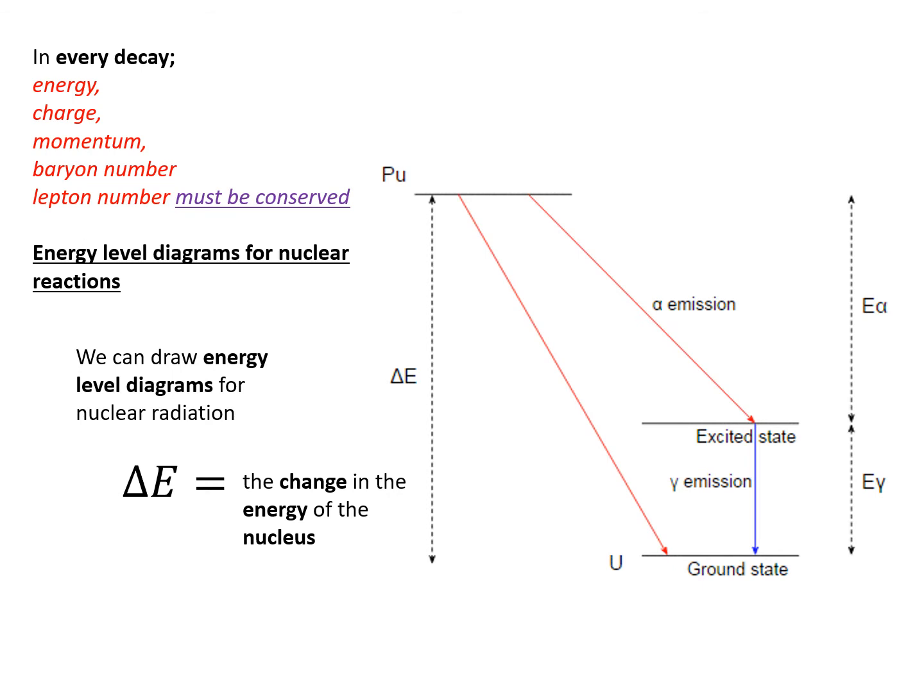So for instance, we can start with lead, and it can decay via alpha emission, so the energy of the nucleus will go down, and it will be in an excited state, and then it'll further decay by emitting a gamma ray photon to get rid of the excess energy to go to the ground state. Or it could just emit alpha emission and go straight to the ground state. So nuclear decays can happen in multiple stages.